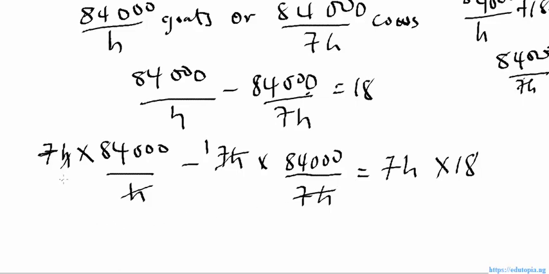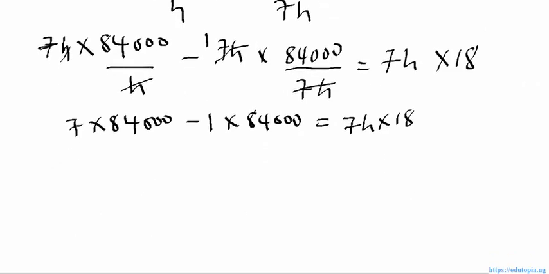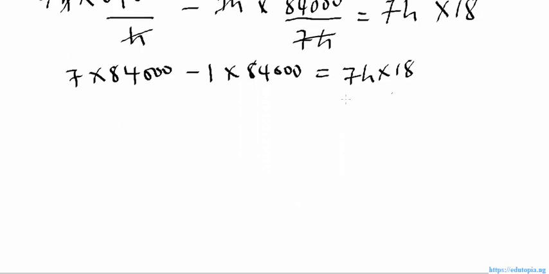So now we simplify: we have 7 times 84,000 minus 1 times 84,000 is equal to 7H times 18. Now we can continue from here.